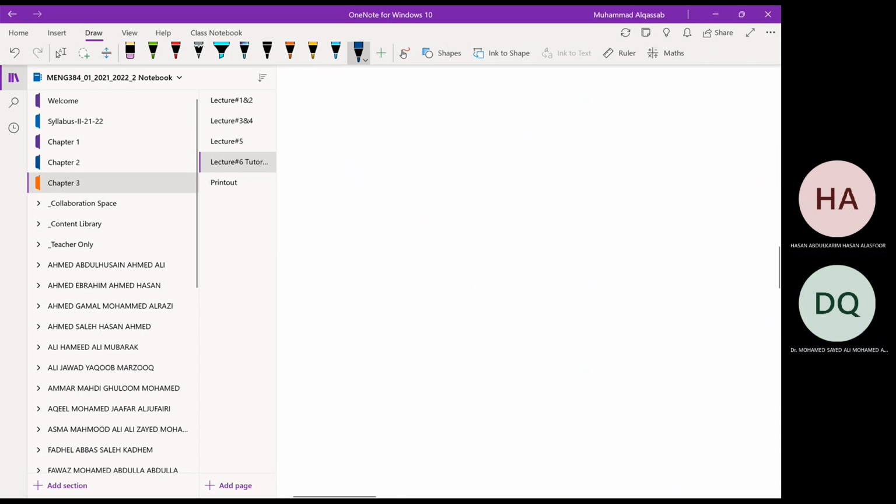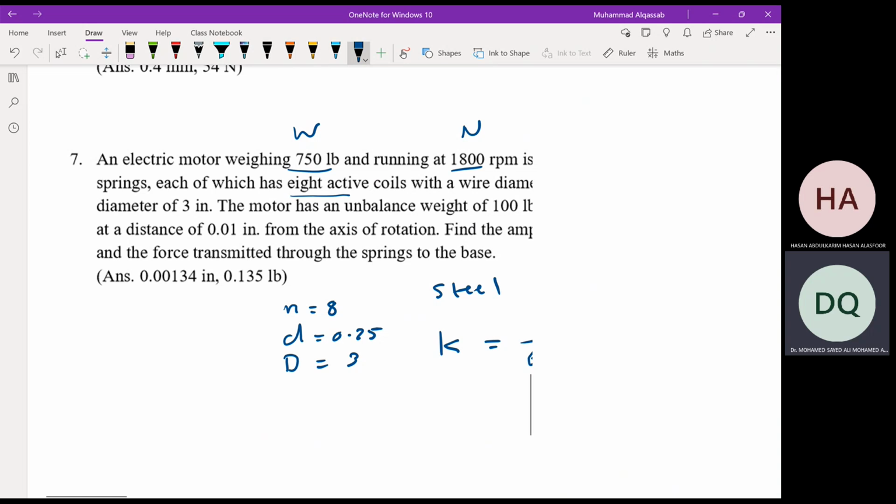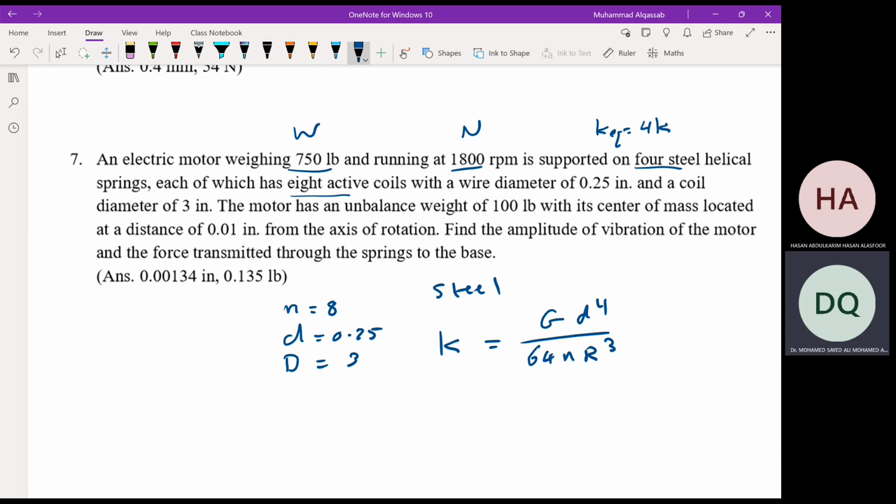I think that is right, and we can check from tutorial number 2 in the table. Yes, G d to the power 4 over 64 N R cubed. R is equal to D over 2, which is the coil radius. N is 8, d is 0.25 inches, and G for steel in pounds per square inch we need to find from tables. I think it is 11.2 maybe, times 10 to the power 6. So we need to find how much G is in pounds per square inch.